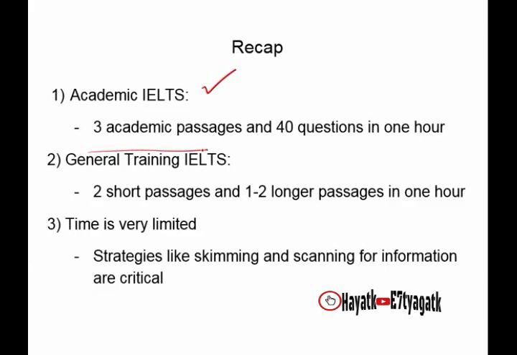In general, the passages get harder as you go, but the difference is not so great like we have on the general training IELTS, where the first passages are quite a bit easier than the last two, right? So again, general training, you'll have 3, maybe 4 passages for the general training IELTS. First ones are just informational about normal daily life kind of topics. And the last one will be an article or essay that's a little bit longer.